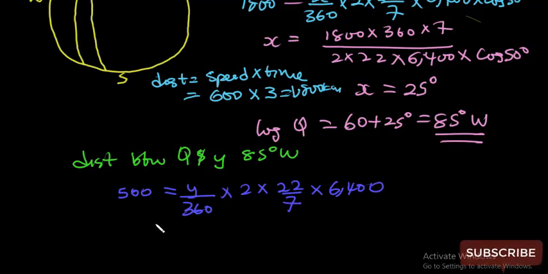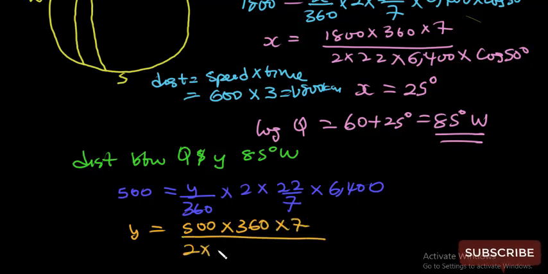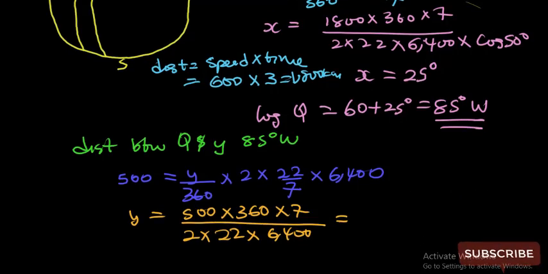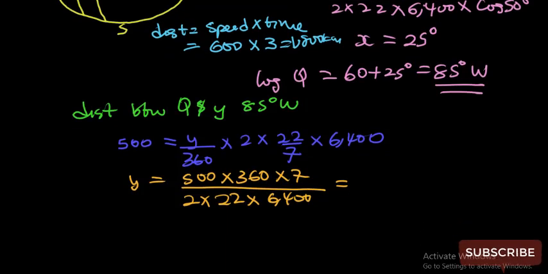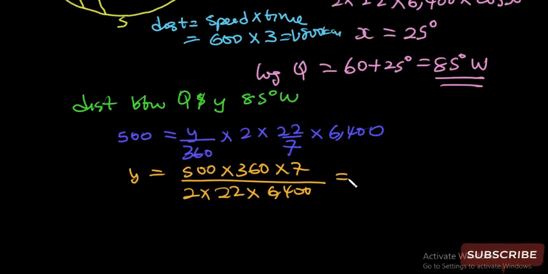So now if we cross multiply, we have Y equals 500 times 360 times 7 to be divided by 2 times 22 times 6,400. All right, so you punch this in your calculator. For the sake of time, I'm not doing that, but you ought to do that. You're going to arrive at 4.48 degrees.